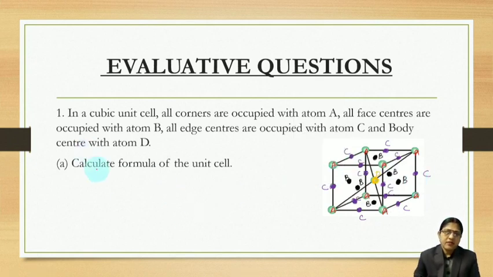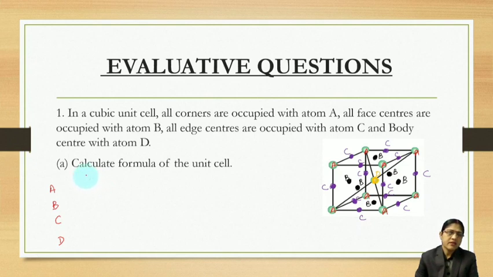Then we need to calculate formula of the unit cell. So dear students, we will write here A, that is corner atoms, B, face centers, C and D. Then their number of atoms.